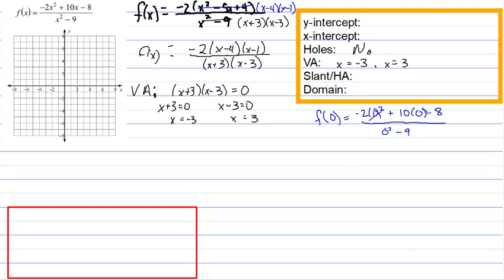And so that's gone. When you multiply anything by 0, it's gone. And so we have negative 8 divided by negative 9, which reduces to 8/9. And so our y-intercept is 0, 8/9.